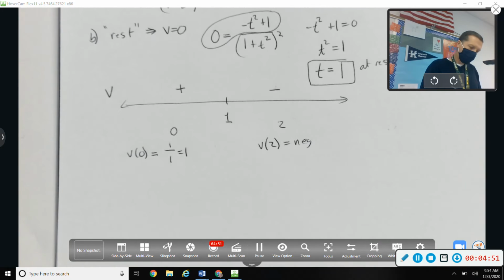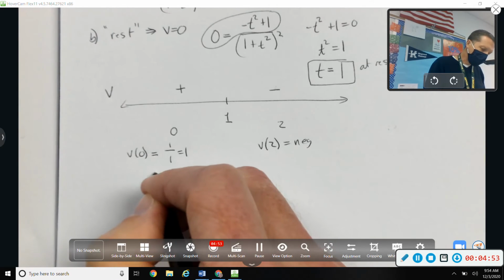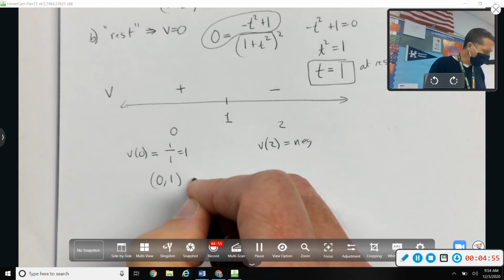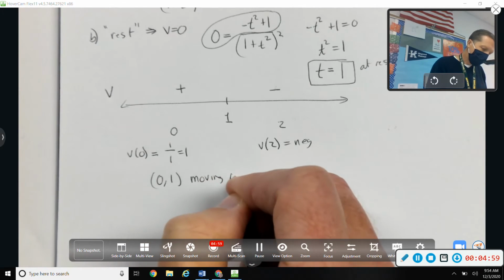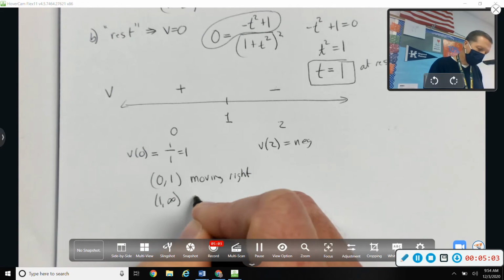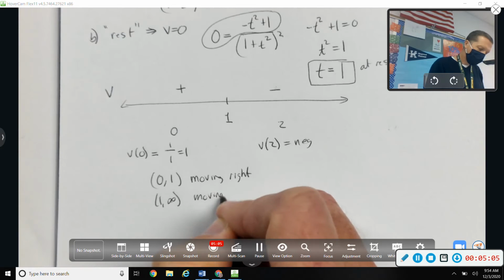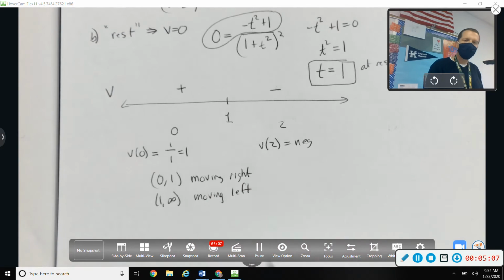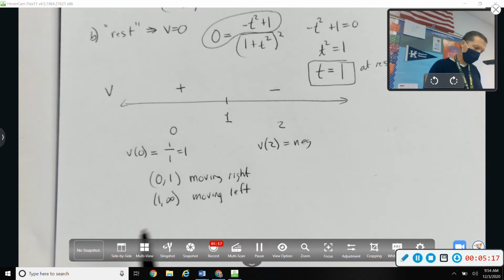So that means from 0 to 1, we are moving to the right. And from 1 to infinity, we're moving to the left. That will probably also help when we do a motion diagram. So we'll move to the right and then we'll go left.